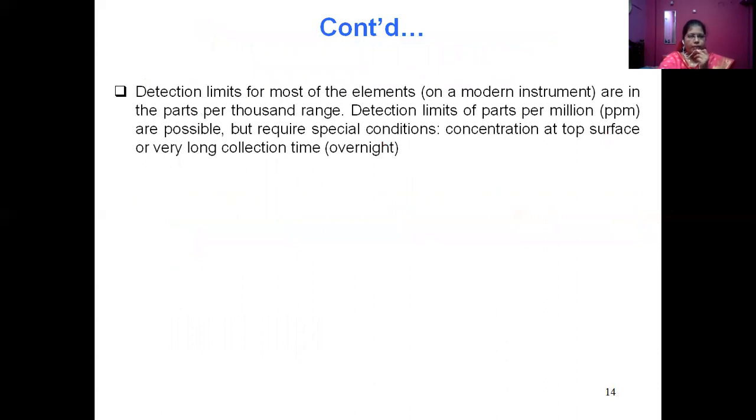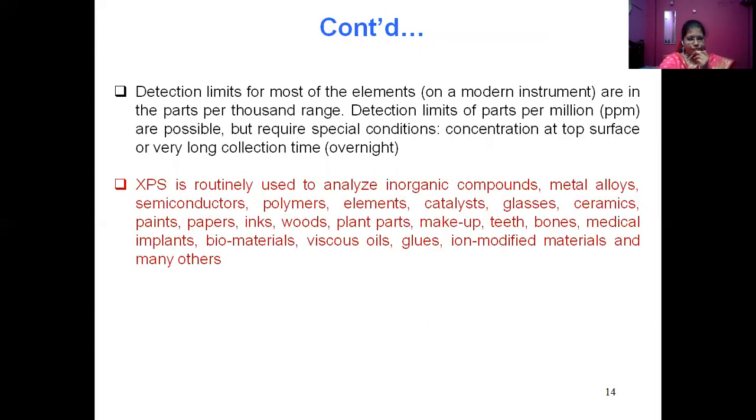The detection limit for most of the elements on modern instruments is in the parts per thousand range. Detection limits of parts per million are possible but require special conditions, like major concentration at the top surface or very long collection time, overnight.